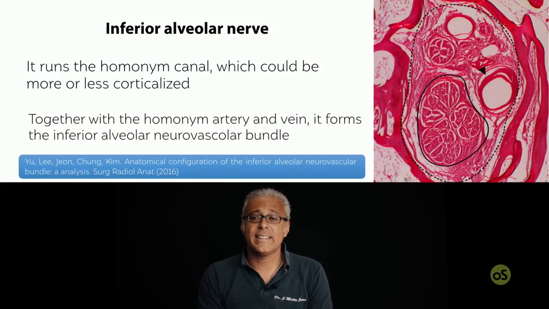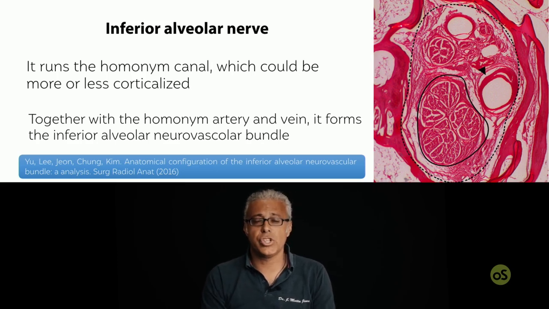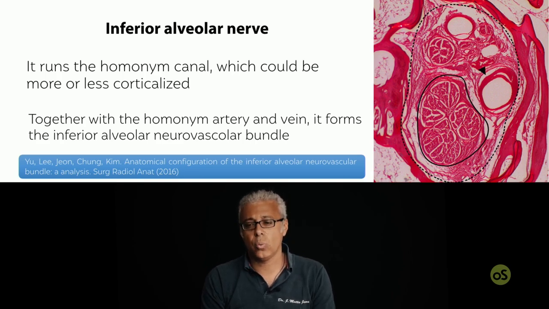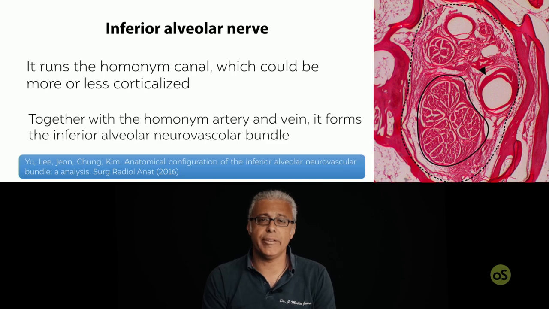First of all, let's say that the inferior alveolar nerve, which we also can call IAN, runs in the homonymous canal, and it can be more or less corticalized. Together with the artery and the vein, it forms the inferior alveolar neurovascular bundle.